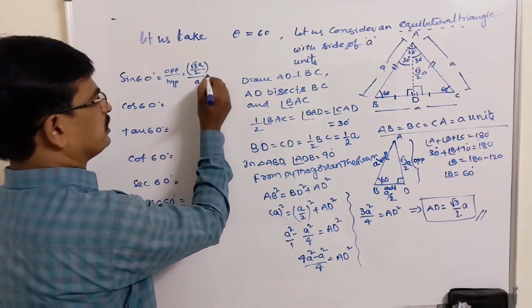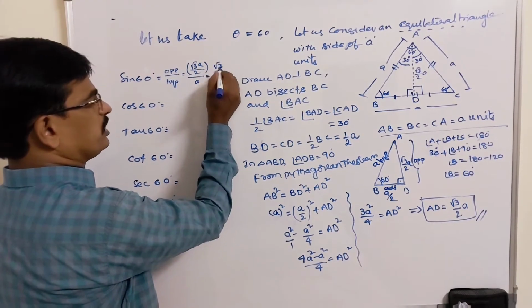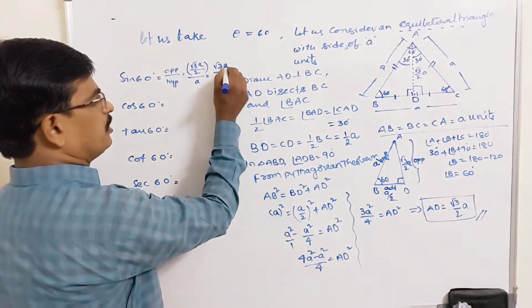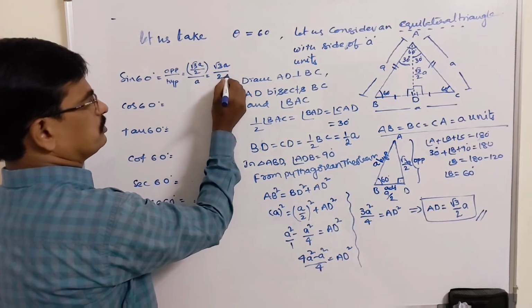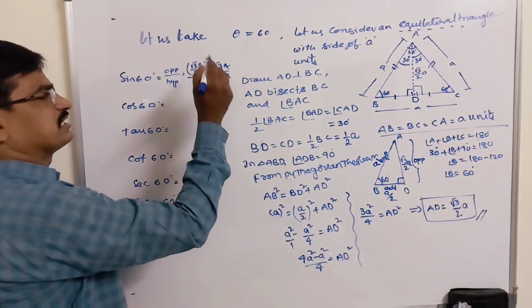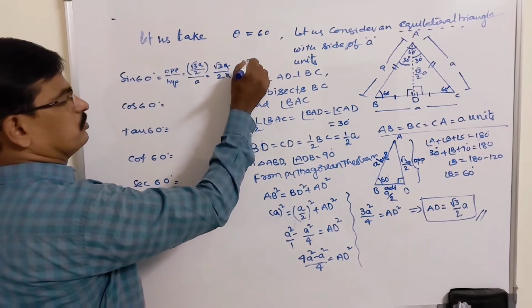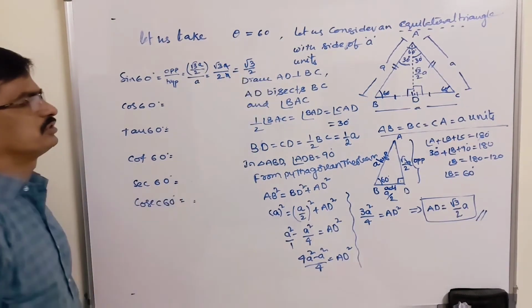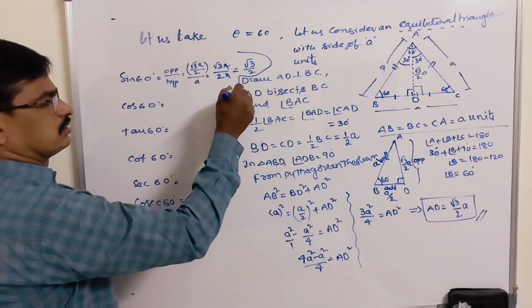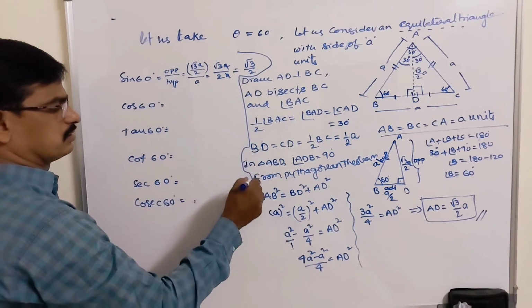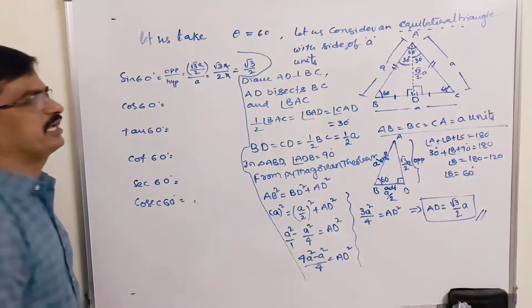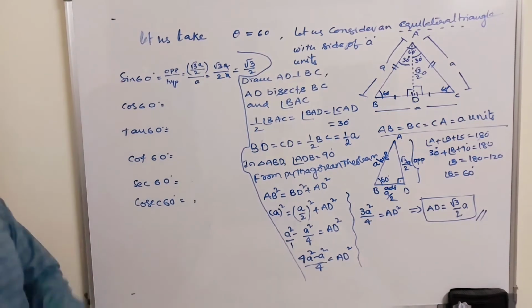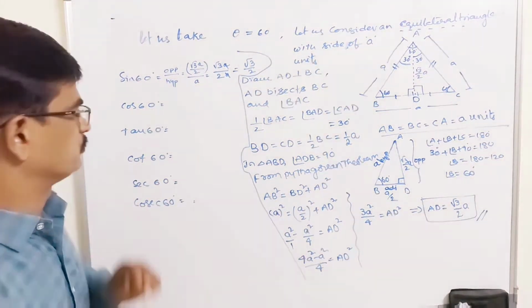A. Then root 3a by 2a. Now a gets cancelled. Then root 3 by 2. That is sin 60 is equal to root 3 by 2.